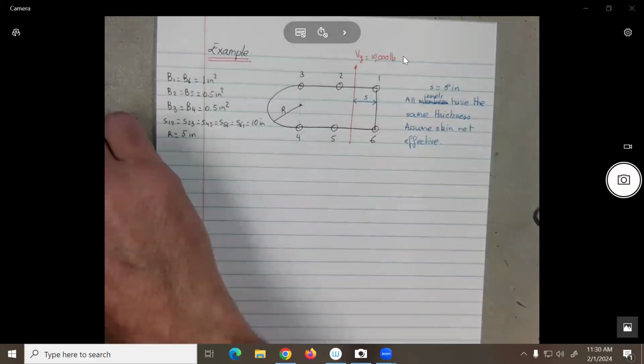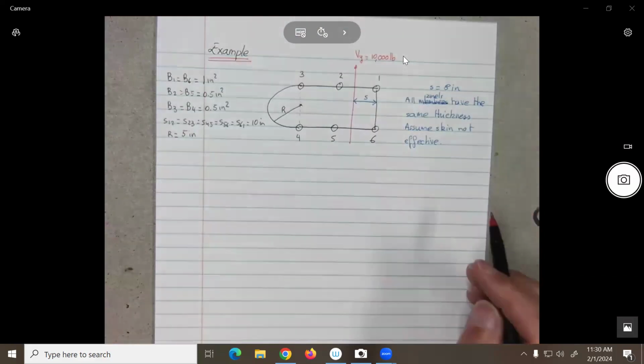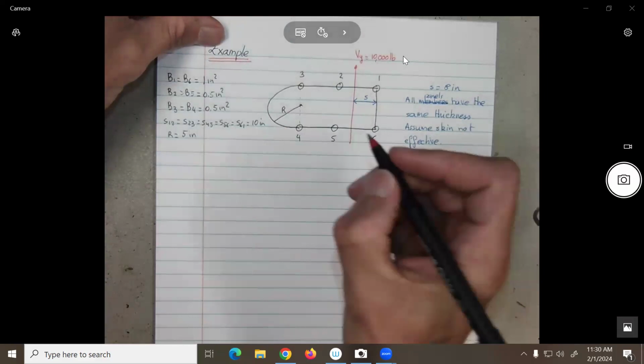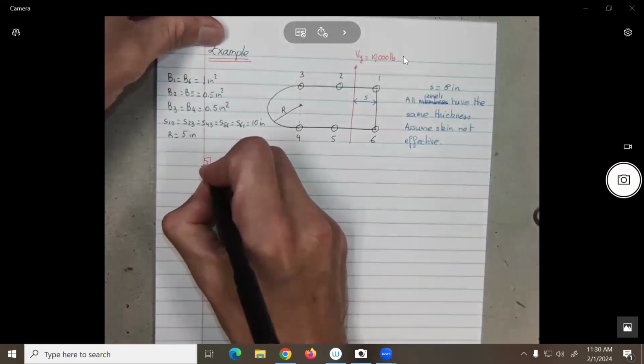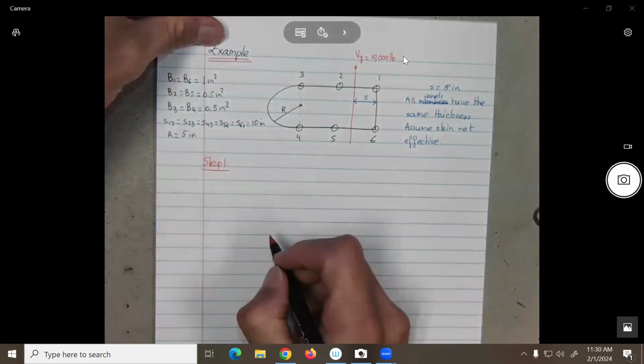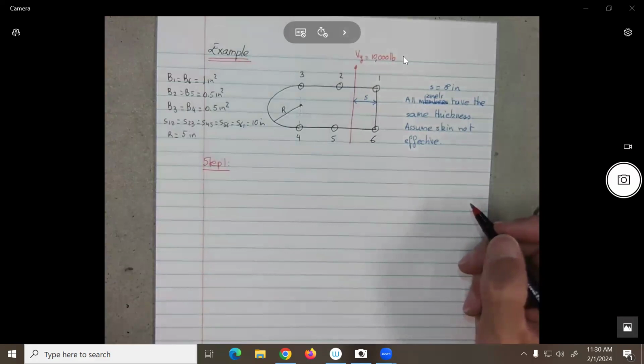Okay, so again, same thing as we did last time. Let's try to follow the procedure. Step one, what is step one that we did last time?